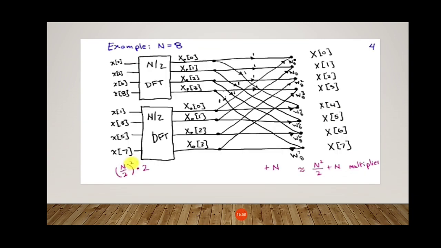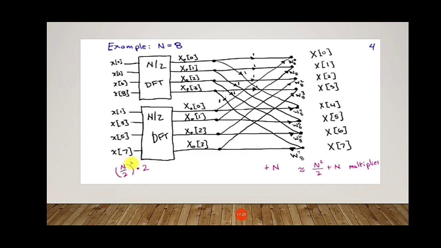That means in this diagram, if we move further, we break x0 and x4 as the even part, and x2 and x6 as the odd part, and again perform N by 4 point DFTs.